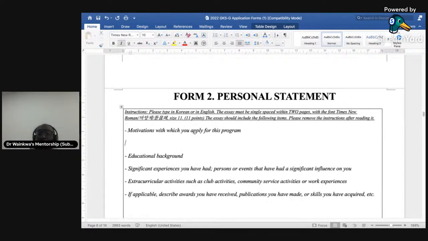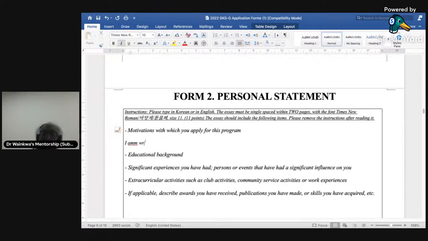So you can say, I am writing to express my interest in the Global Korean Scholarship, GKS. You need to write this in full.